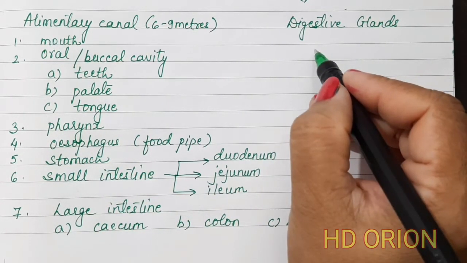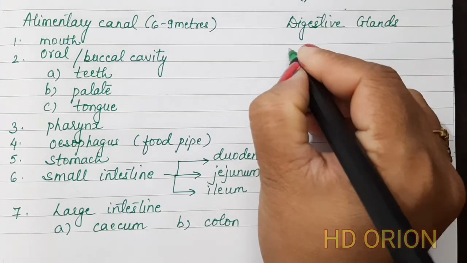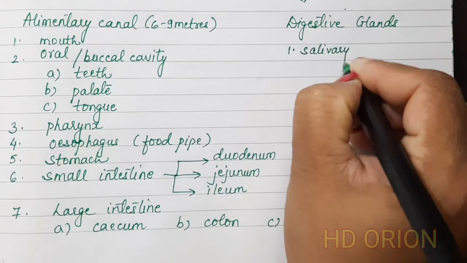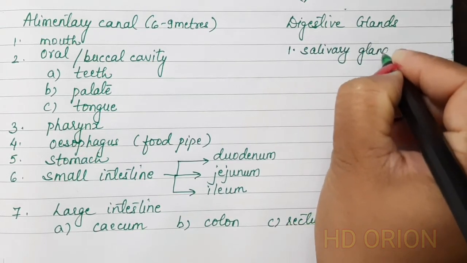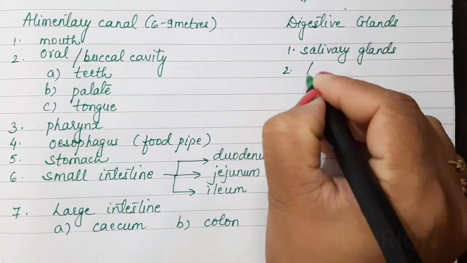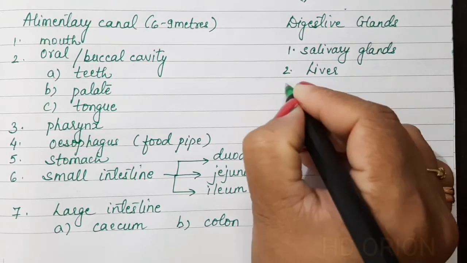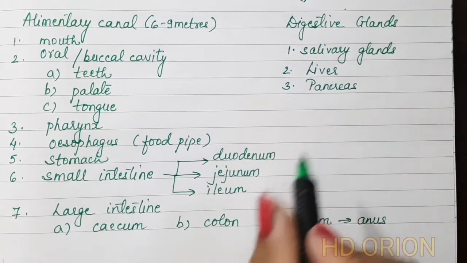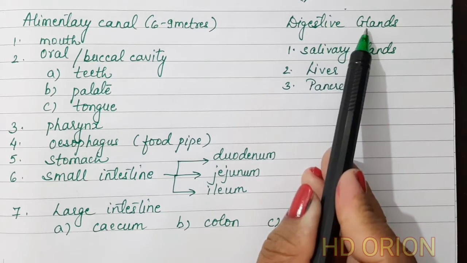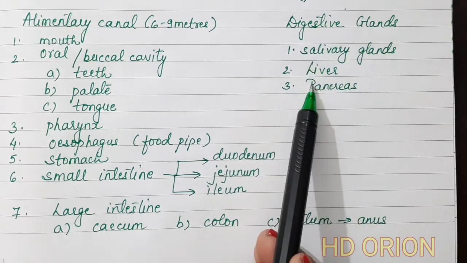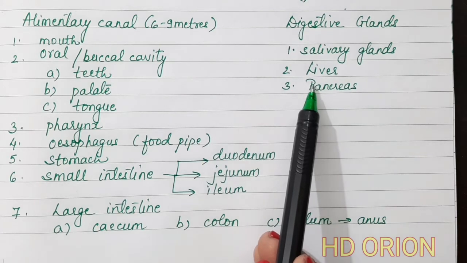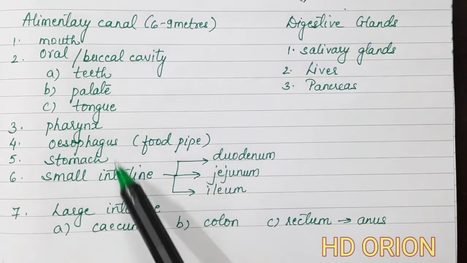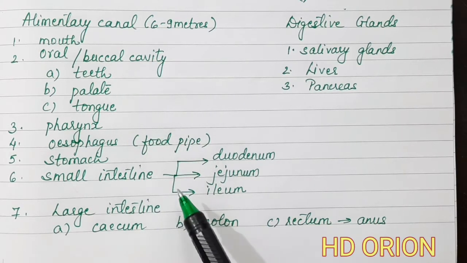Now we see the digestive glands. The digestive glands we study are the salivary glands, the liver and the pancreas. These are the associated digestive glands, and these glands will pour their digestive juices or their secretion into this alimentary canal at different places when we see each organ in detail.